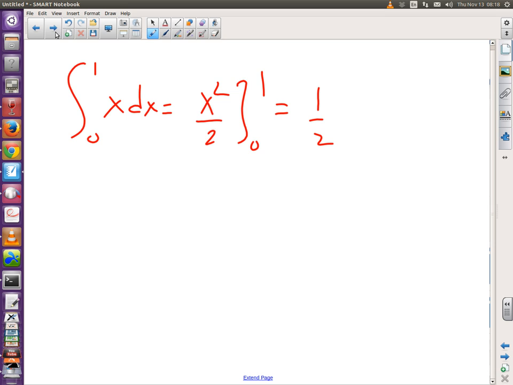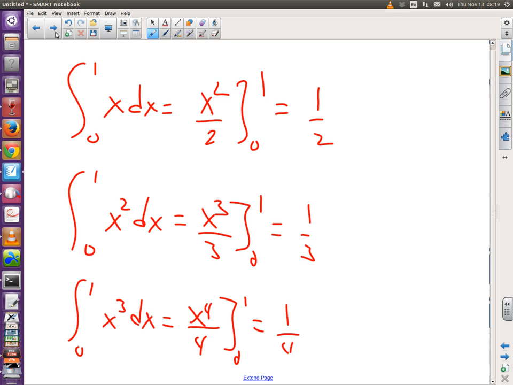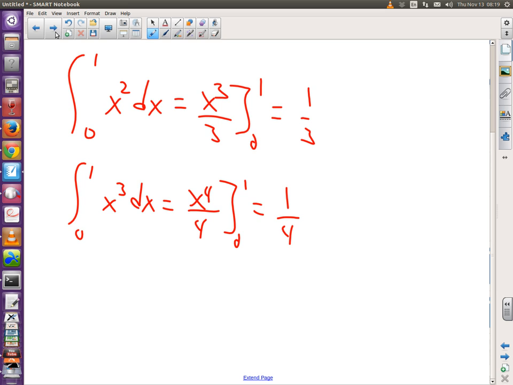The area from 0 to 1 bounded by y equals x squared and the x-axis would be what antiderivative? x cubed over 3 evaluated from 0 to 1 is going to be 1/3.